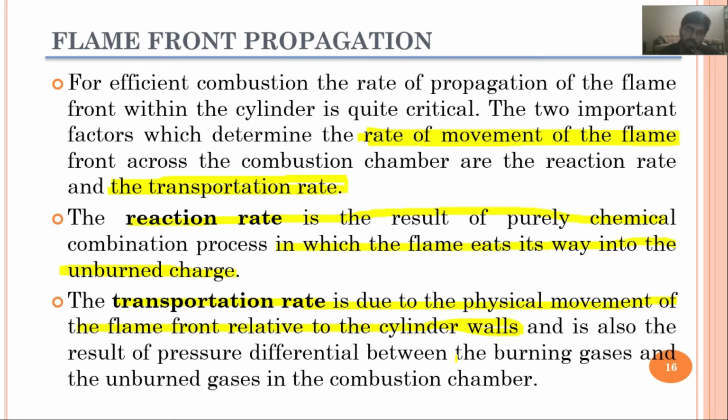So the transportation rate does not play a vital role in the flame front propagation of SI engine, but the major portion of this flame front propagation is of the combustion process, the rate of the combustion.